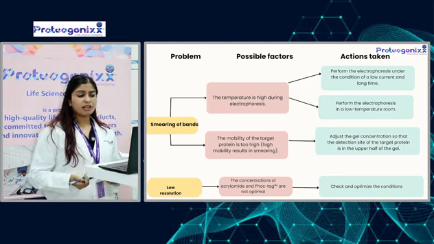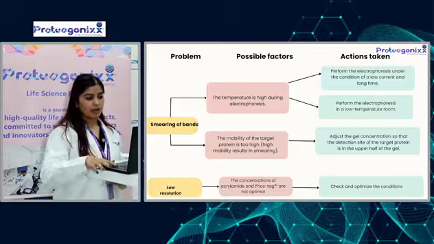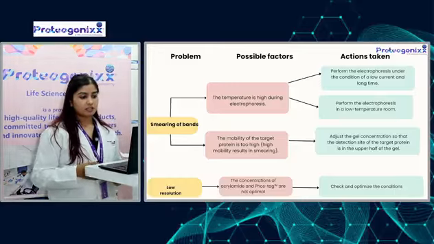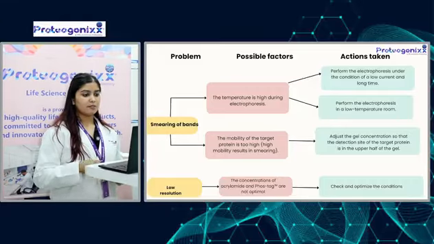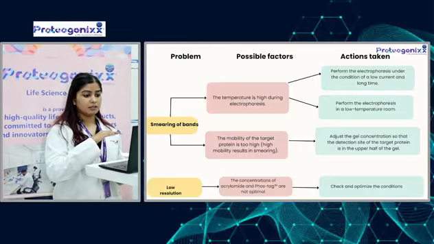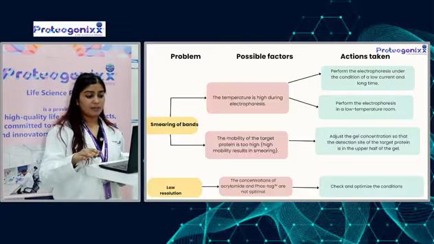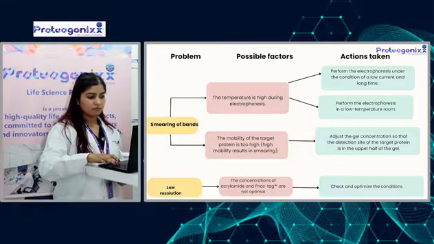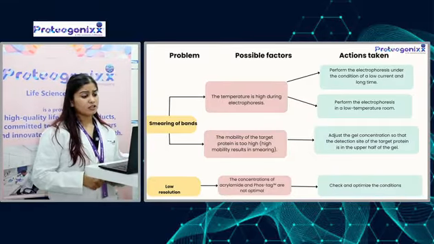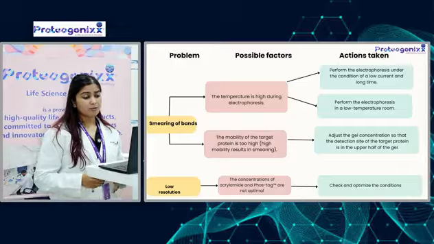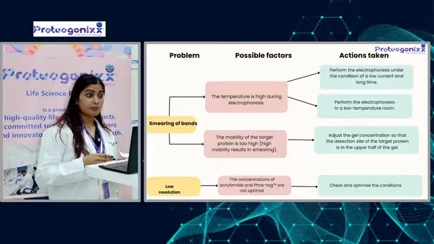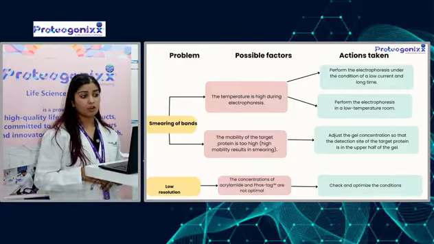Another problem is that the mobility of the protein is too high. So adjust the concentration of the gel so that the target protein is located in the upper half of the gel. And low resolution is also a problem, which happens when the concentrations of your acrylamide and Phos-tag acrylamide are not optimal.